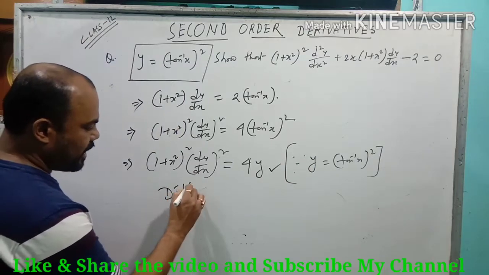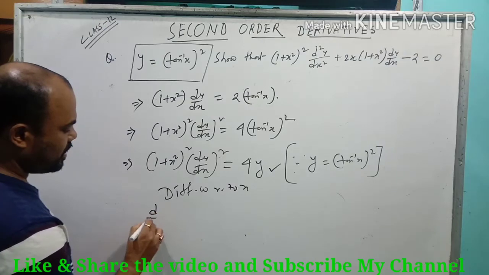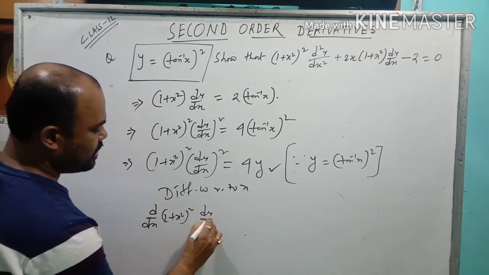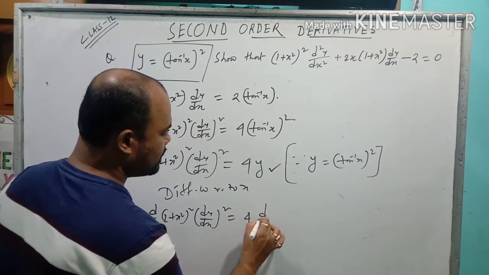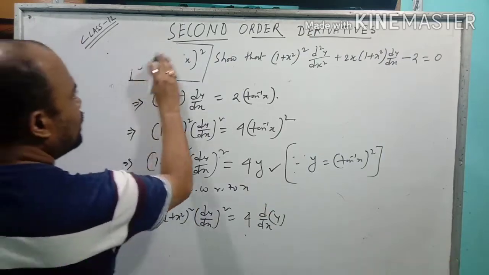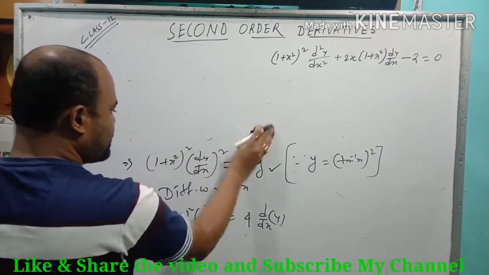Now what to do? Again differentiate with respect to x. So what will be there? d/dx of (1 plus x square) whole square (dy by dx) whole square equal to 4 is a constant, 4 into d/dx of y. Now what will be the next step?